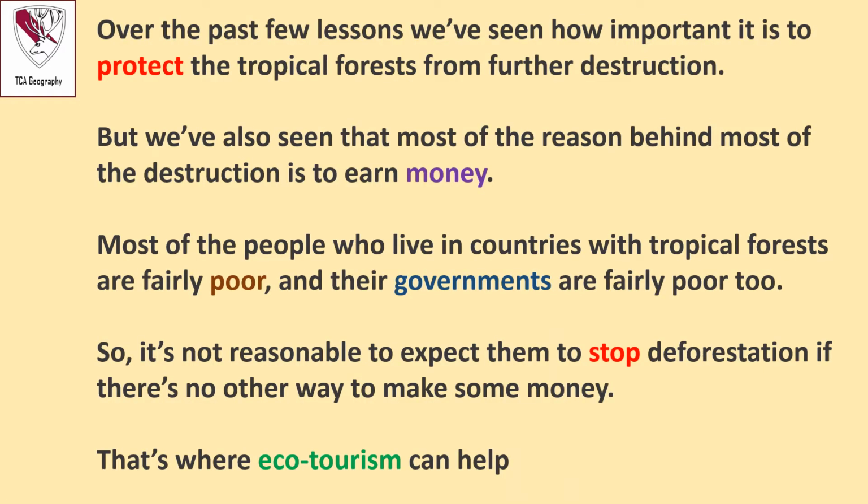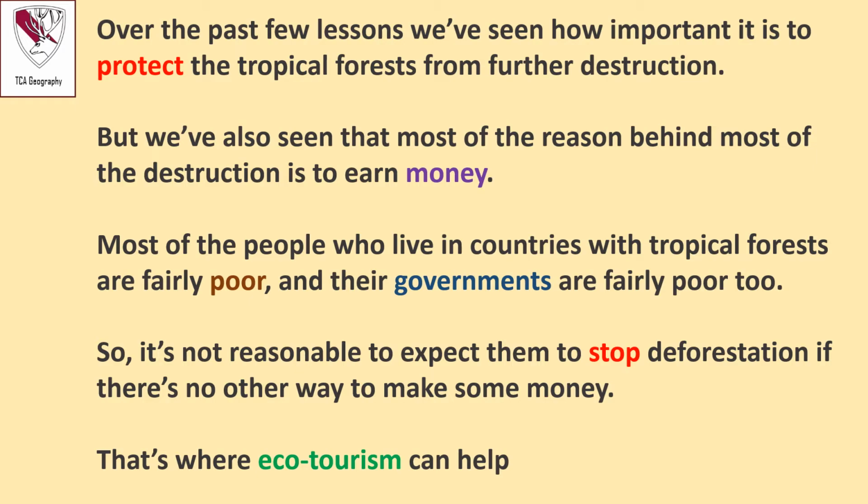So over the past few lessons, we've seen how important it is to protect the tropical forests. We've also seen, though, that most of the reasons behind the destruction is in order to earn money, and we can't ignore how important that is because most of the people who live in countries with tropical rainforests are fairly poor and their governments are fairly poor too.